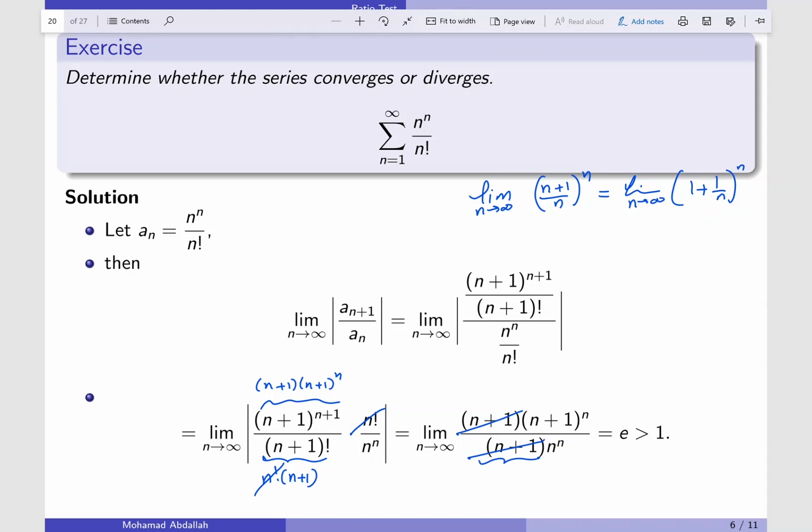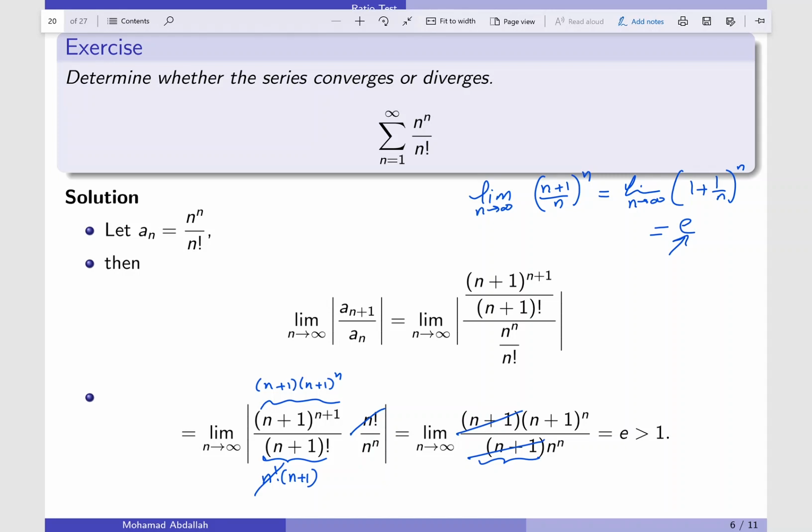I don't know if you recall that, but this is actually what E means. Every time you have this limit, this is E. This is the definition of E, by the way. E is defined to be this number, 1 plus 1 over n to the power n when n goes to infinity. This is the definition of the number E. So that's why here I got the E.